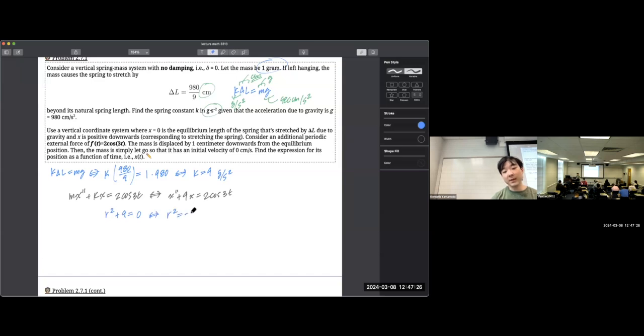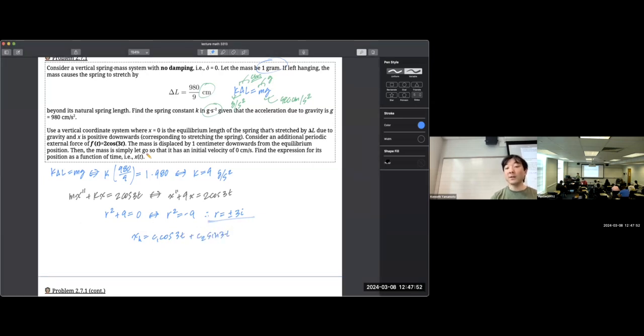So r squared is equal to -9, therefore r is going to equal plus or minus 3i. It's pure imaginary, which gives us our homogeneous solution: C1 cosine 3t plus C2 sine 3t.